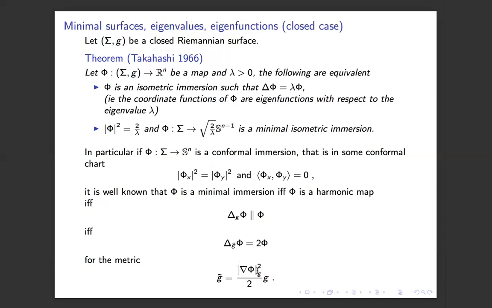And the conformal factor here is just the density of energy of the harmonic map. So we have a characterization of minimal immersions by eigenvalues and eigenfunctions.